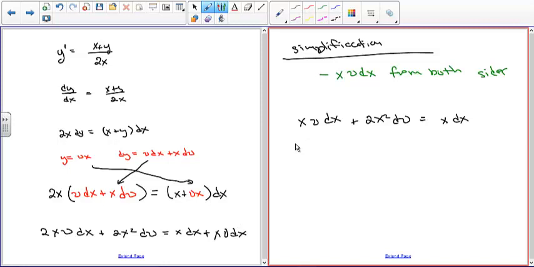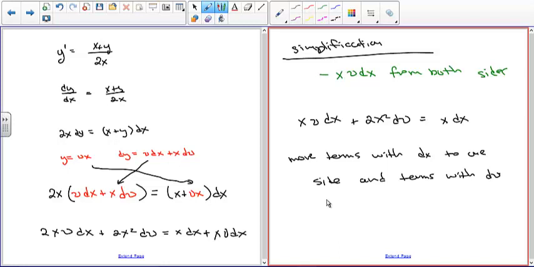Okay, next thing you do is move terms with dx to one side and terms with d nu to the other.